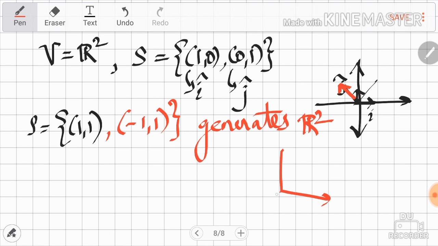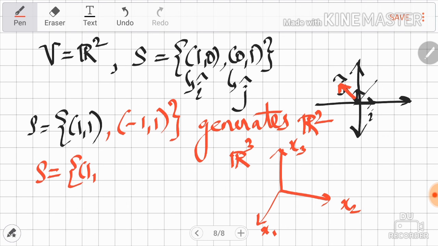Even for that matter, when you consider the vector space R3, you can have your S as a very standard example as 1, 0, 0, 0, 1, 0 and 0, 0, 1. This would be a generating set of the entire vector space R3.